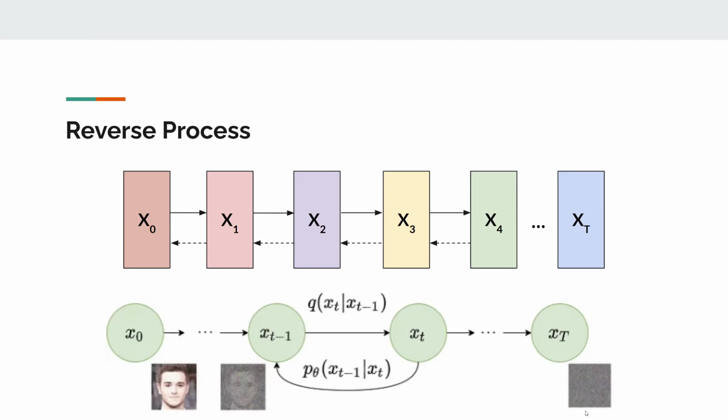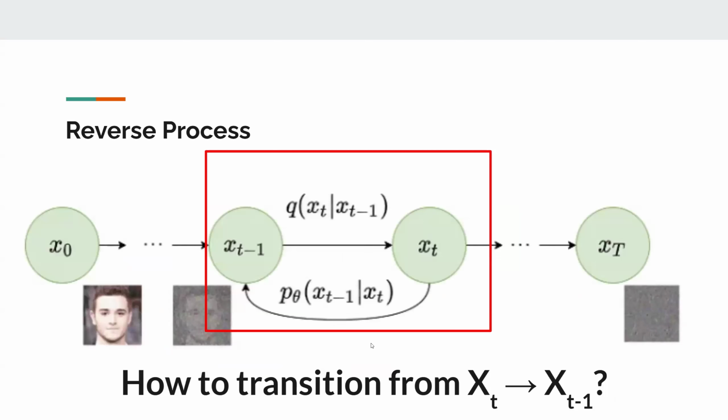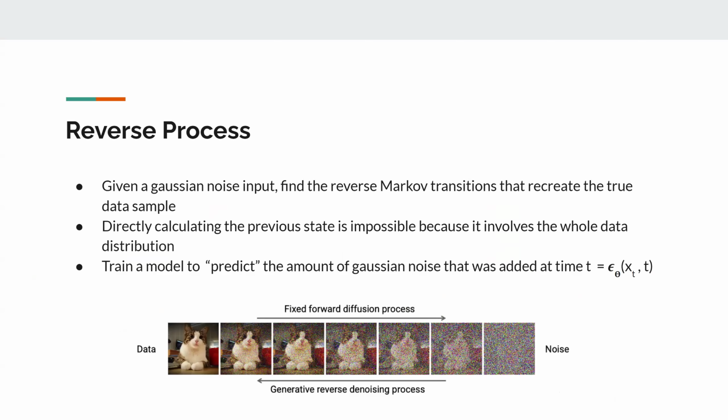And that's modeled by this P theta equation, where we can get the previous state from the current state, not the next state from the current state, the previous state. Yes, how do we transition? And what the reverse process does is, given a Gaussian noise input, we want to find the reverse Markov transitions that recreate the true data sample.